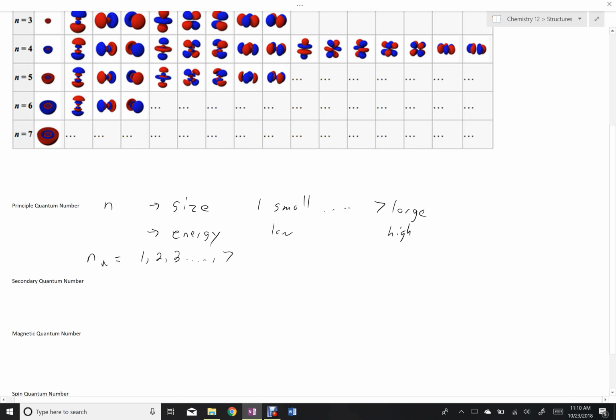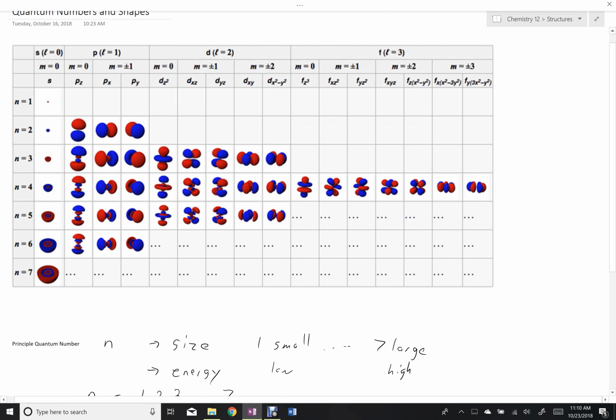The secondary quantum number, L, represents the shape of the orbit. This is also related to the angular momentum of the orbit, but we're not really ready to talk about that, so we're just going to leave it like that. L has 4 values. It can be 0, 1, 2, or 3, where the 4 values correspond to the 4 different types of shapes.